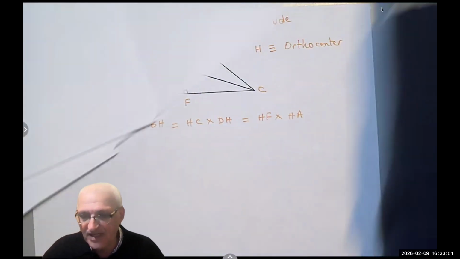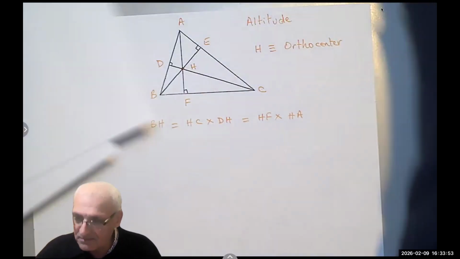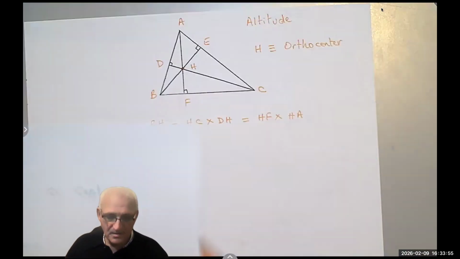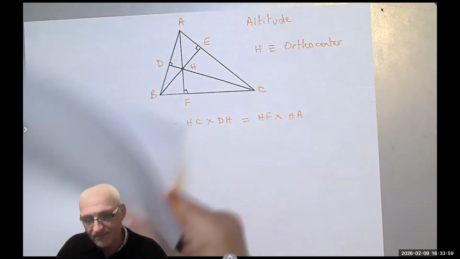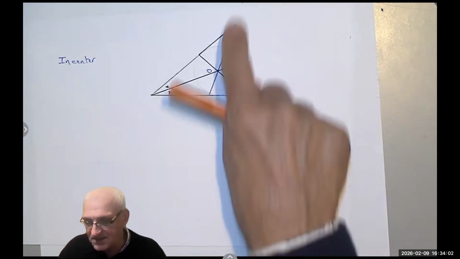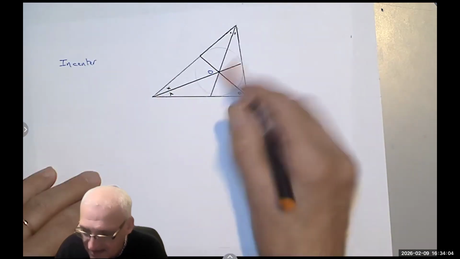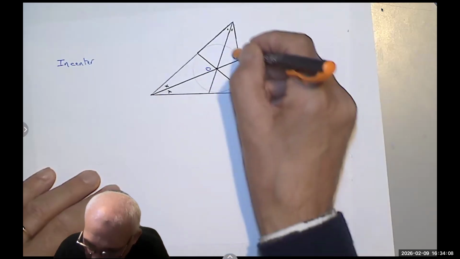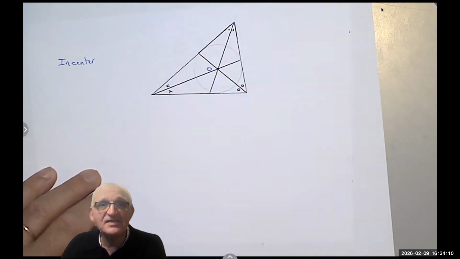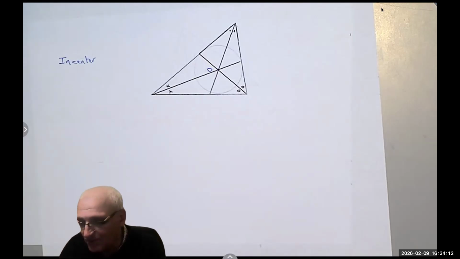We said the angle bisectors give you the incenter. Why in? Because the circle is inside the triangle and touching each side at exactly 1 point.